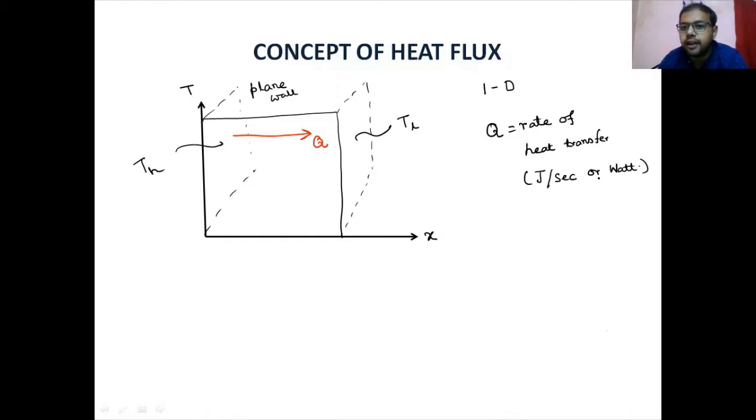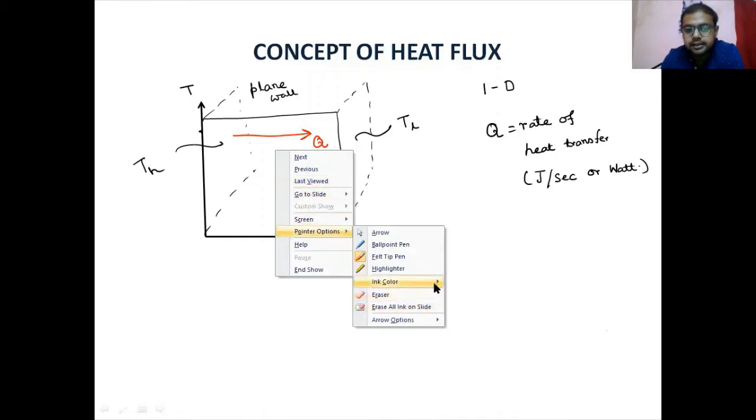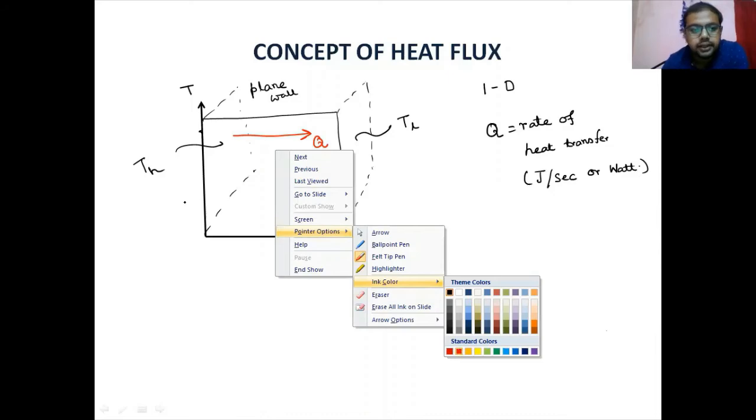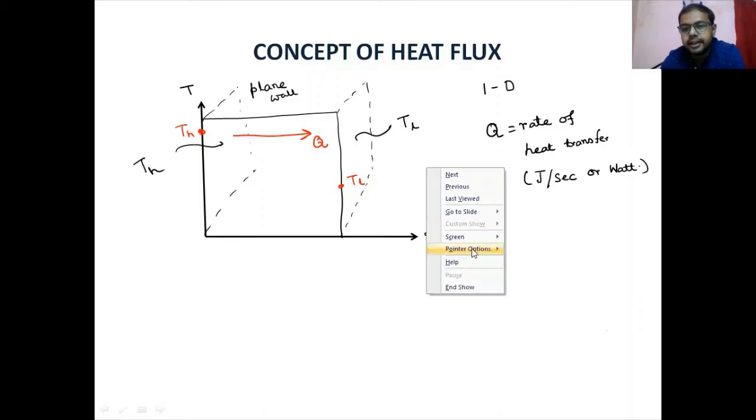Now the concept of the heat flux is coming. What does it mean by the heat flux? Here the temperature is higher, TH, and on this side is the lower temperature, TL, and because of it, heat transfer is taking place.